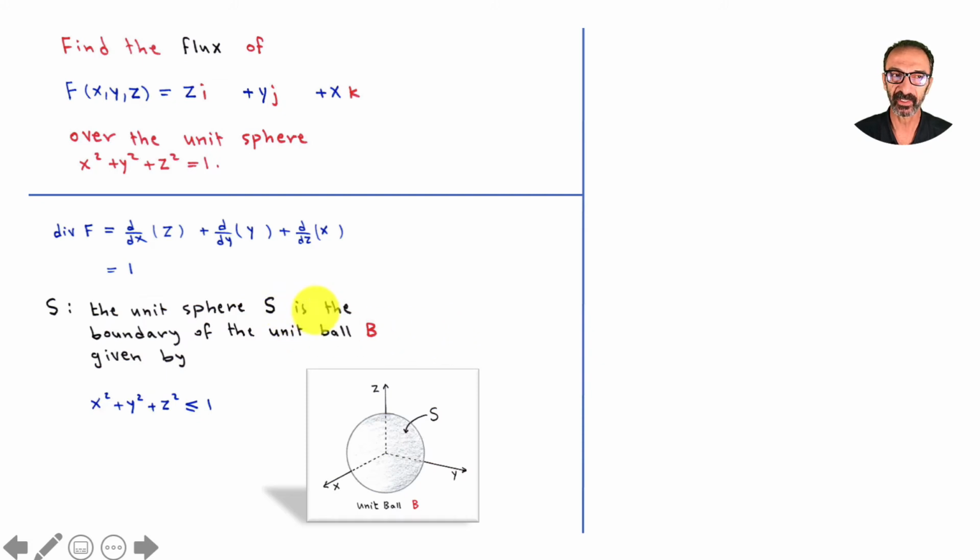The unit sphere S is the boundary of the unit ball B, given by x squared plus y squared plus z squared is less than or equal to 1, as you could see from this graph.